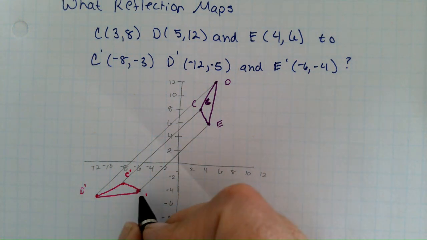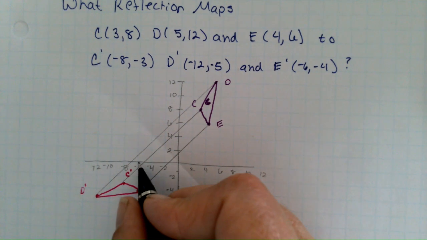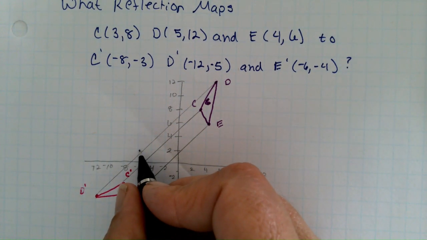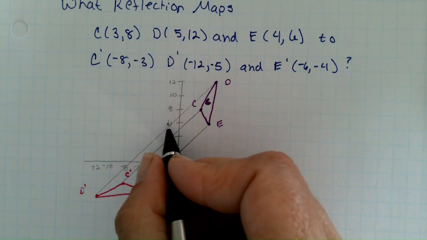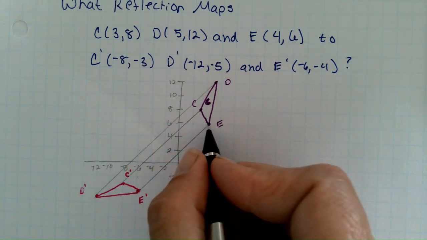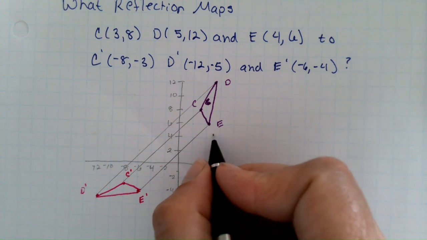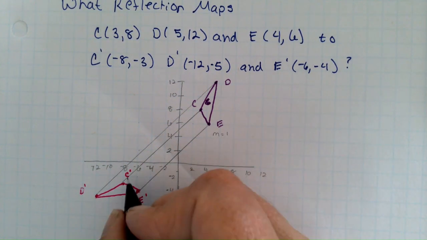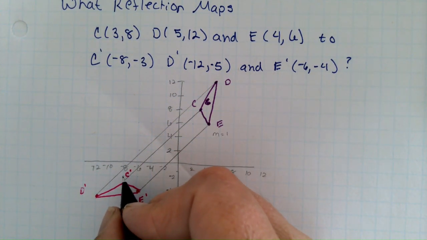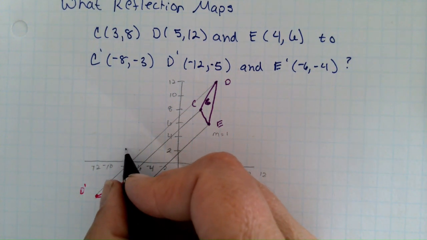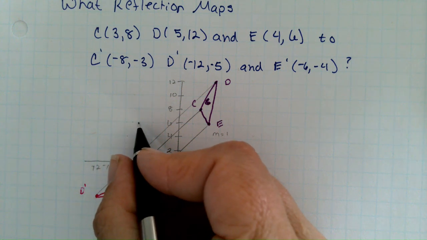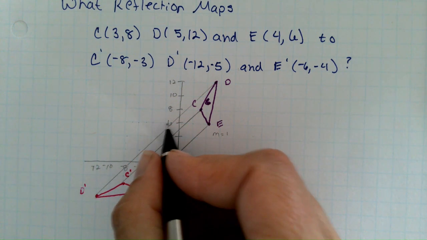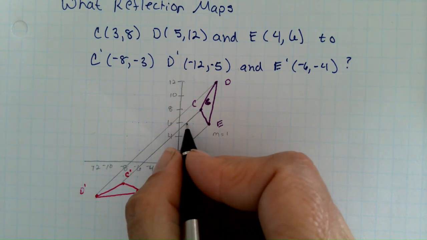So we can see that we have 2, 4, 6, 8, 10, up 10, 2, 4, 6, 8, 10. Looks like we have a slope of 1, right? Let's see. 1, 2, 3, 4, 5, 6, 7, 8, 9.